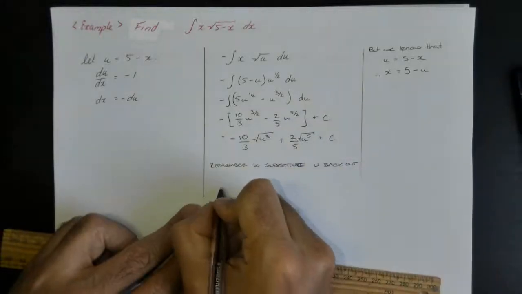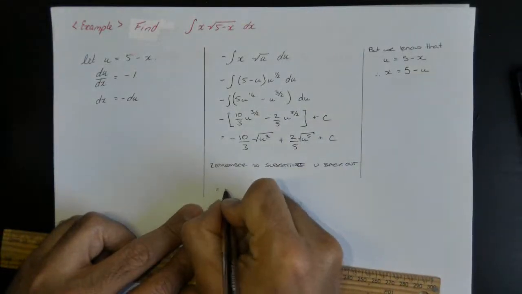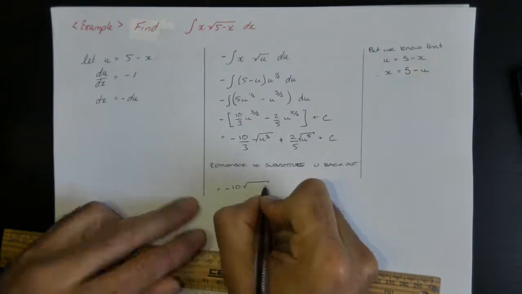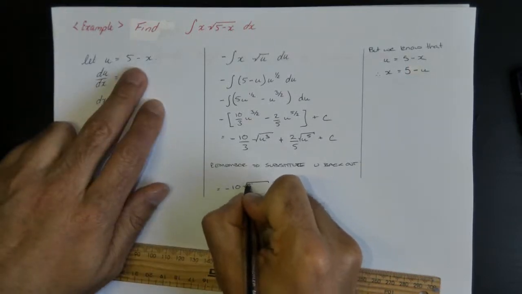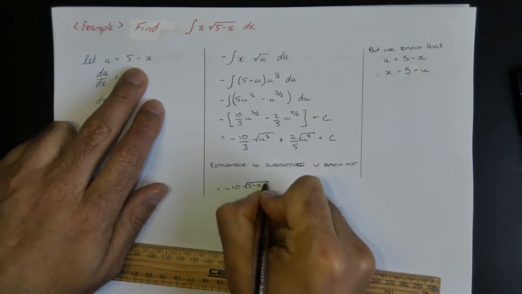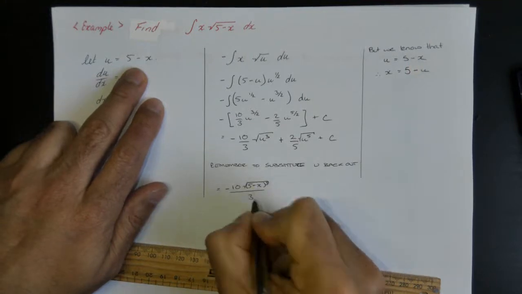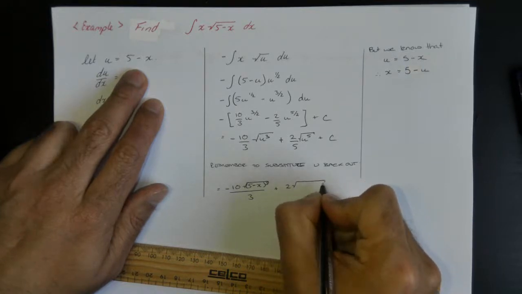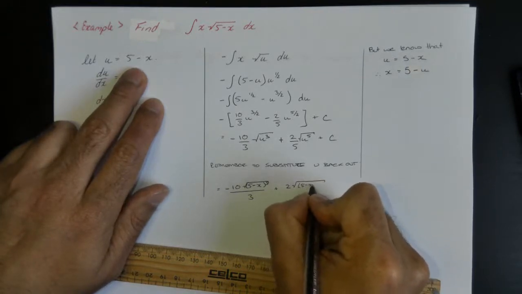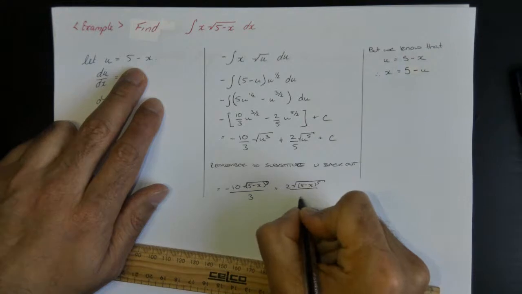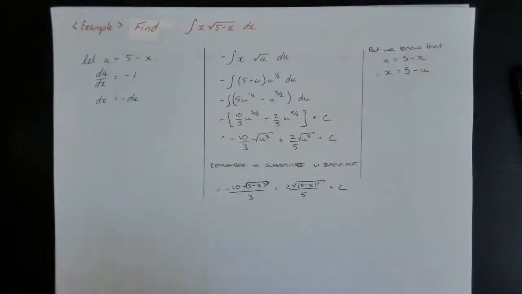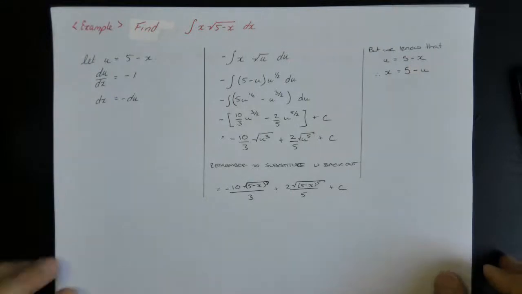Okay, so we get negative 10 on 3, where u is 5 minus x to the power of 3 on 2, and so on. And tidying it up.